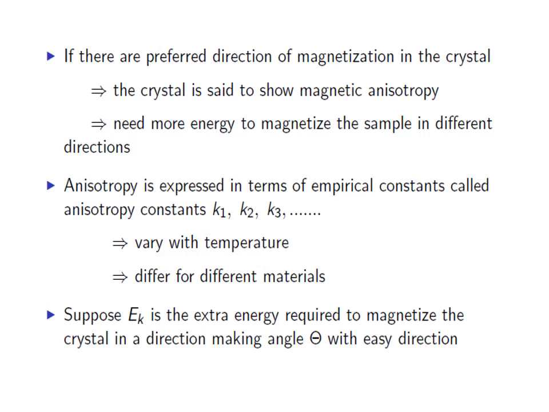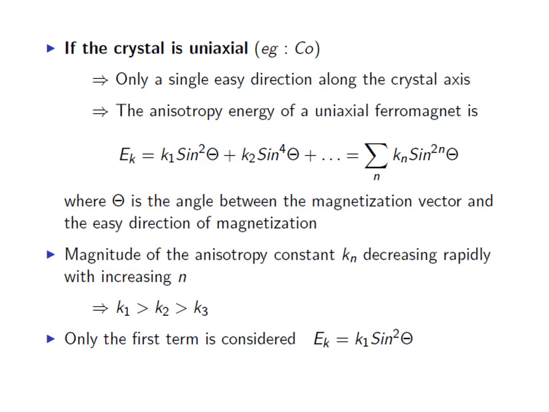Suppose Ek is the extra energy required to magnetize the crystal in a direction making angle theta with the easy direction. If the crystal is uniaxial, there is only a single easy direction along the crystal axis. Cobalt has a hexagonal structure.